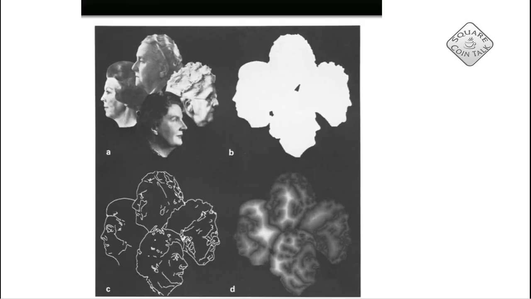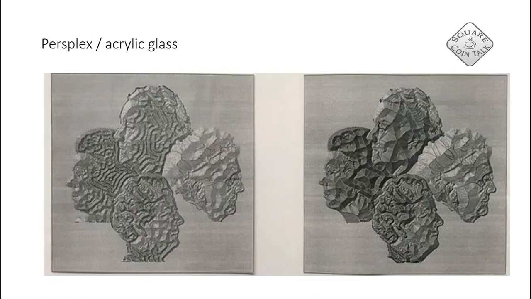Here is a picture from the actual article, and it shows how the algorithm can change the pictures. We have here Beatrix, Juliana, Emma, and Wilhelmina into gray contours. So at this point, Peter sent me also these pre-studies.